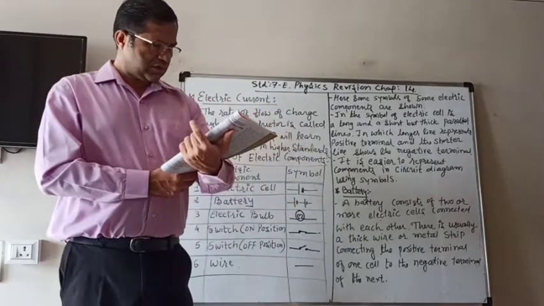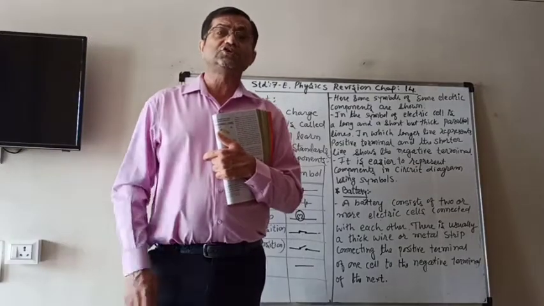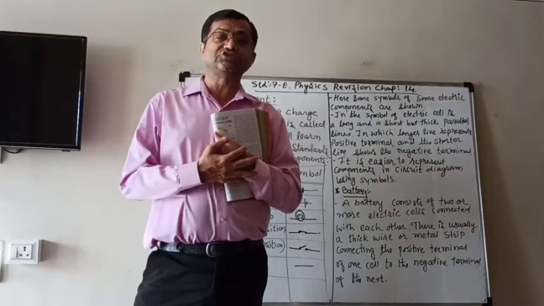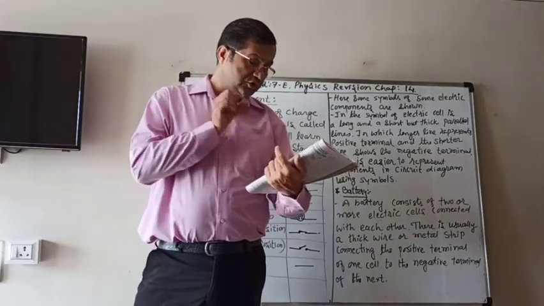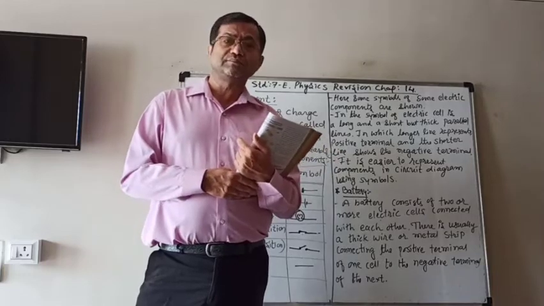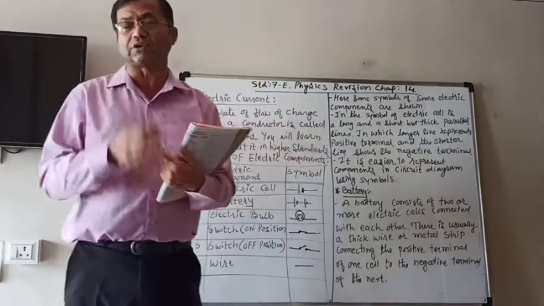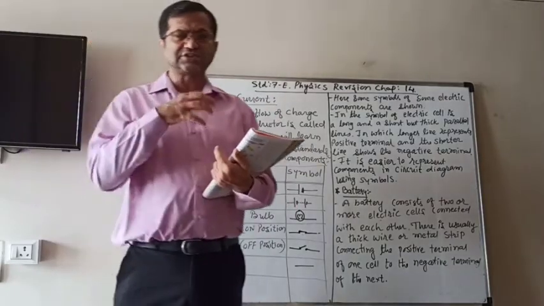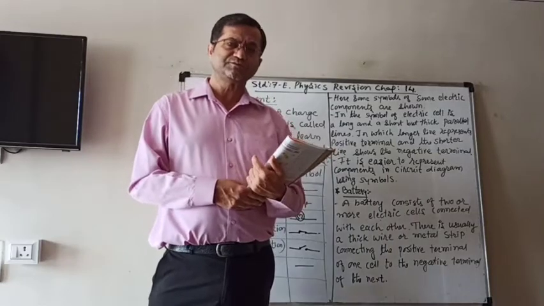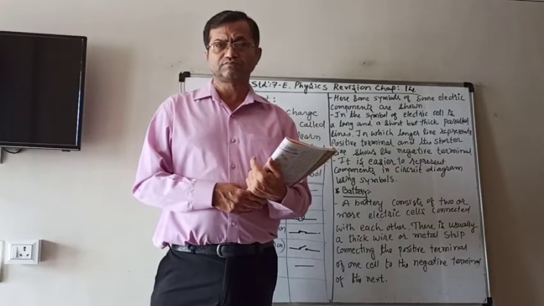But now, here we see that we have to draw the components properly. Means you have to draw the electric cell properly, the bulb properly, and the wires also as they look. For these small components, it is easier to draw them.